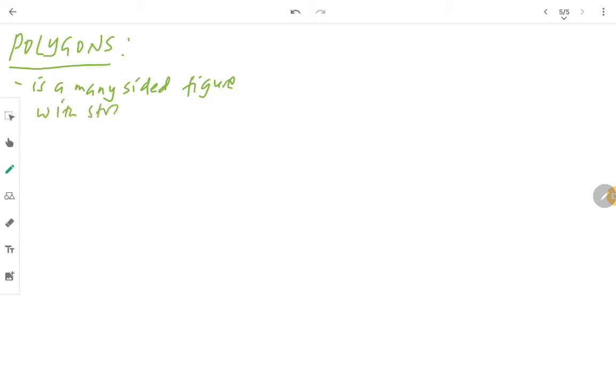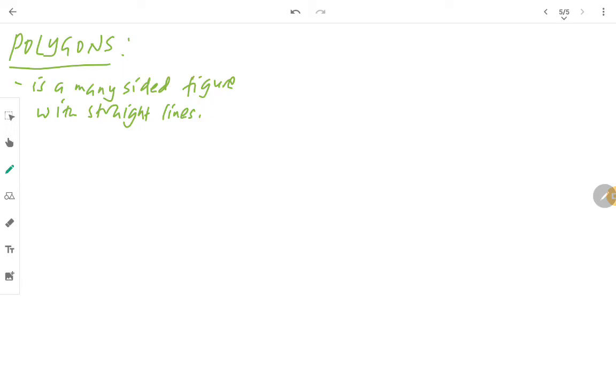These straight lines can be the same, can be different, but what we know is that it's a many-sided figure with straight lines.